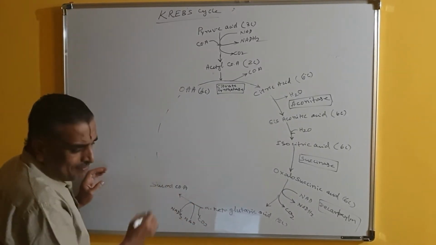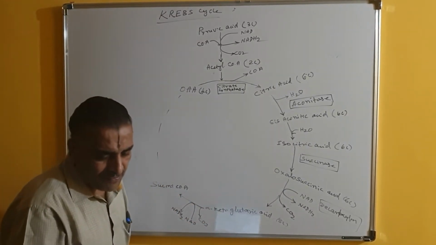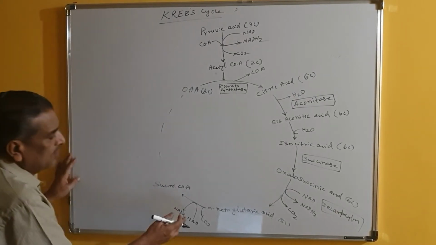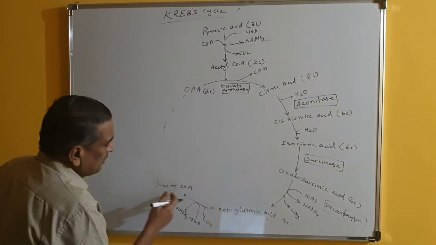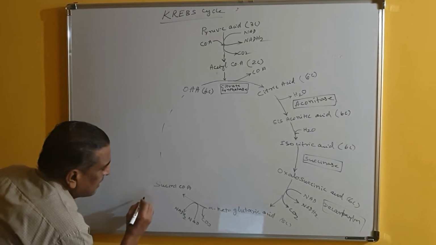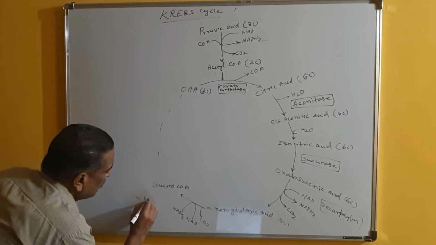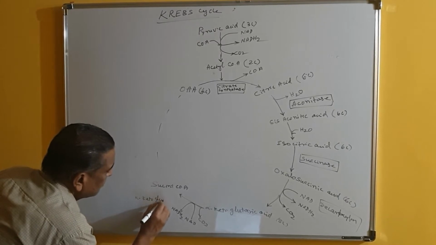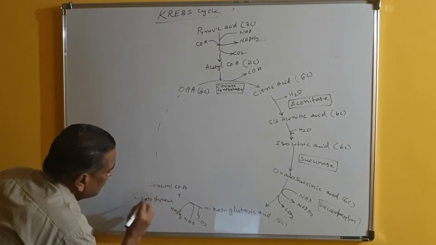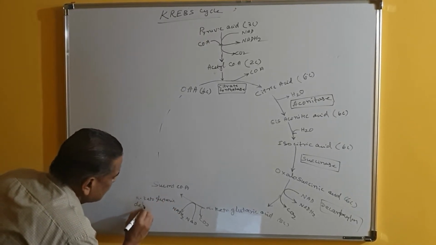And the enzyme responsible for the conversion of alpha-ketoglutaric acid into succinyl coenzyme A is alpha-ketoglutarate dehydrogenase.